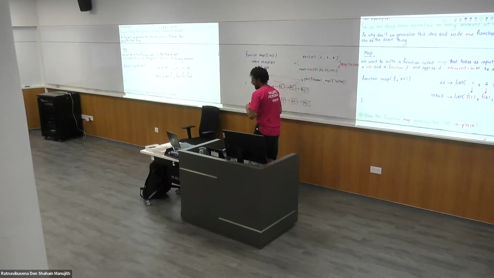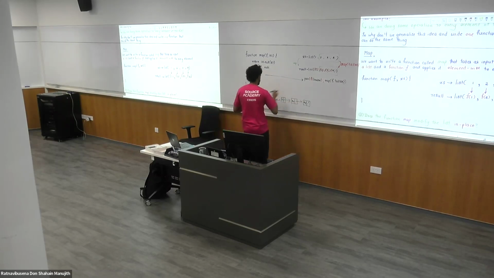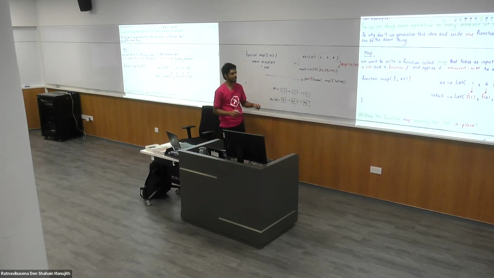XS will not be touched. XS will remain as is. XS will never be modified. If you call map on XS, XS would be the same, 1, 2, 3. XS will never change.